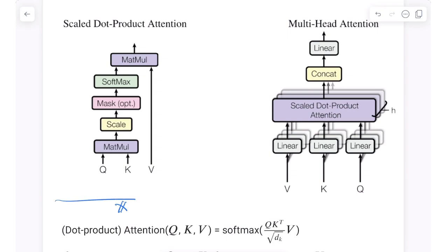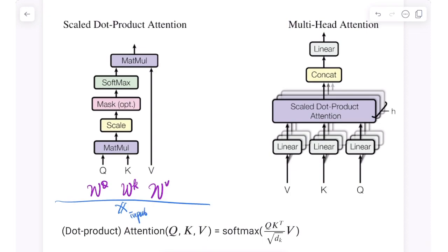Right now, the attention structure looks like this: after we obtain the input vectors, we have a corresponding weight Q, weight K, and weight V. We have three different weights, and those weights are different.